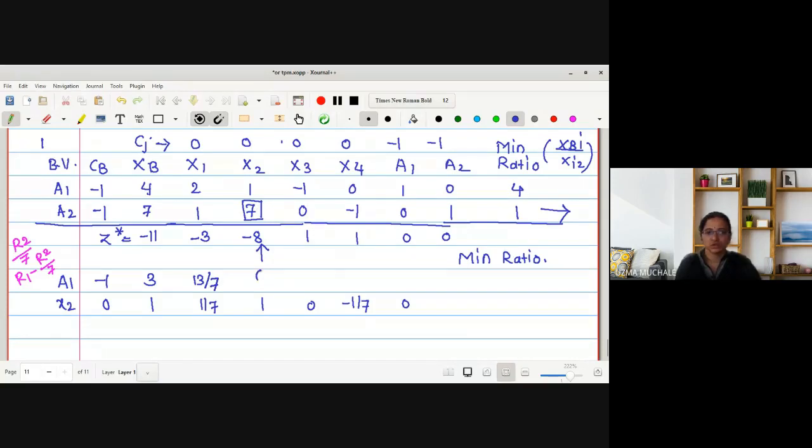Here it is no doubt 0. For x3, it's minus 1. No change. But for x4, plus 1 by 7, I think. 0 minus of 0 minus 1, 0 minus 1 by 7. Right? And here what for A1? As it is.